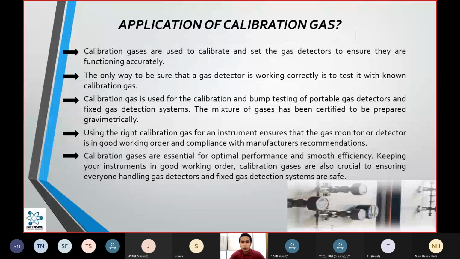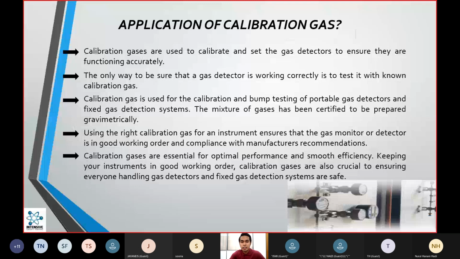Calibration gas is used for the calibration and bump testing of portable gas detectors and fixed gas detection systems. The mixture of gas has been certified to be prepared gravimetrically. Using the right calibration gas for an instrument ensures that the gas monitor or gas detector is in good working order and complies with the manufacturer's recommendation.